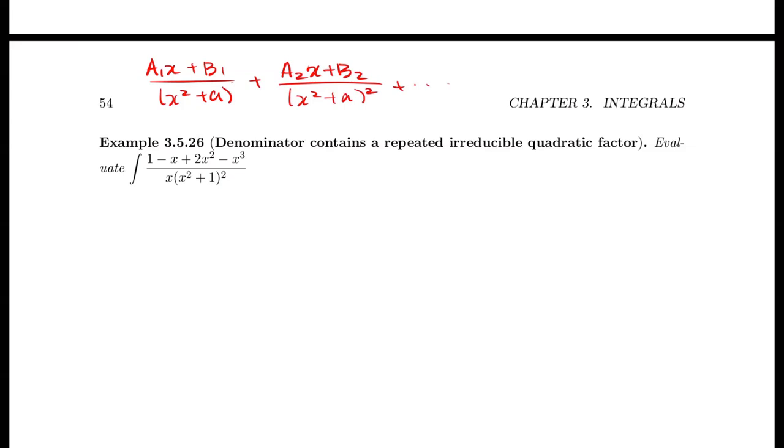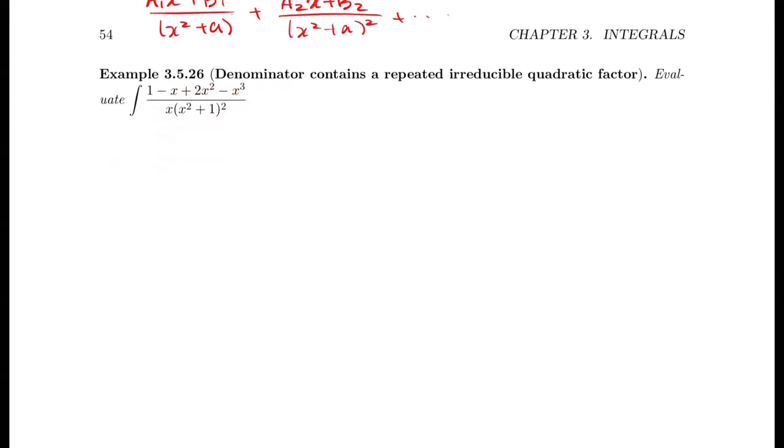Okay, so let's have a look at the first one. We already have the factors, so let's write this as a rational function. We have 1 minus x plus 2x squared minus x cubed divided by x times x squared plus 1, squared. So the first term is just going to be a divided by x, nothing too difficult for the first one.